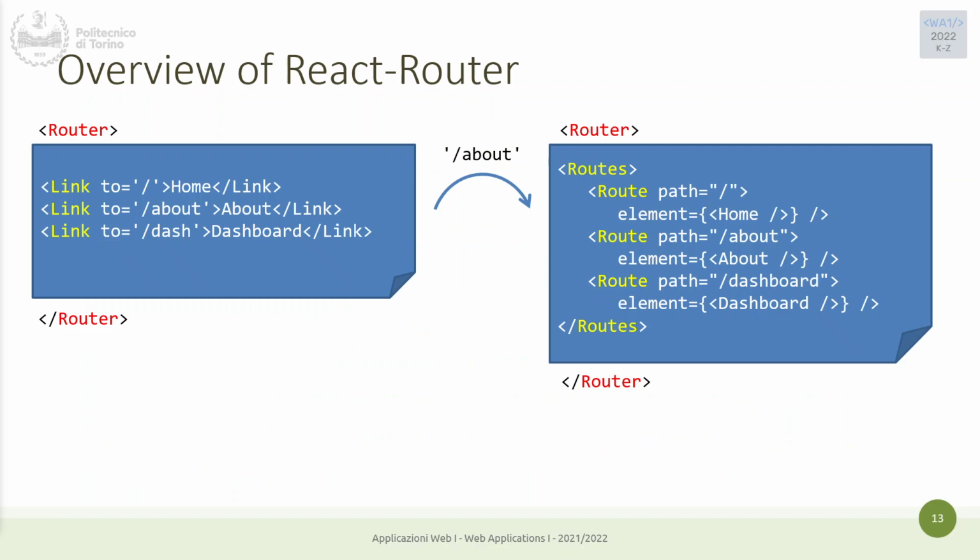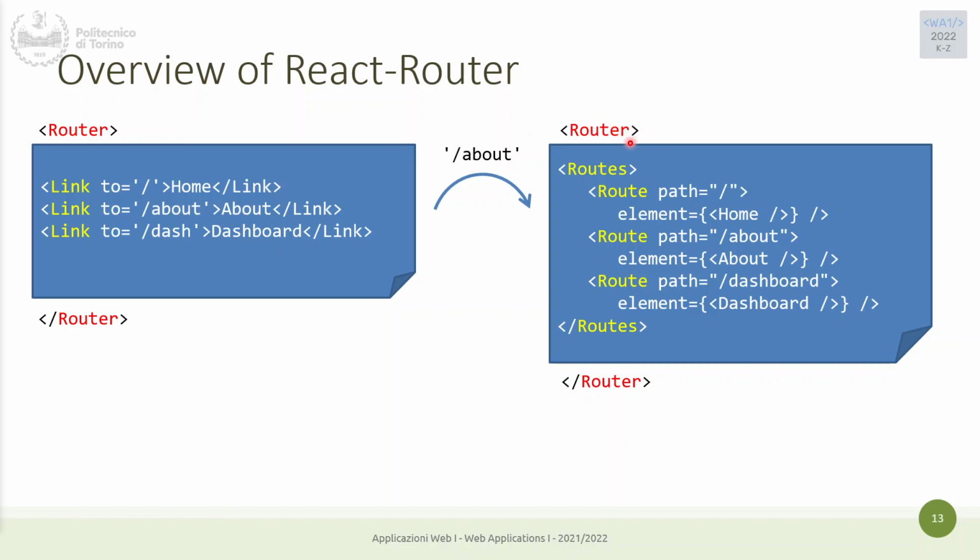Here you have a quick overview. Now, after a while, we start developing something, but to give you an idea, you can see that from a certain part of your application, you will explain that there are several links. For instance, one to the root, one to the about page, one to the dashboard.